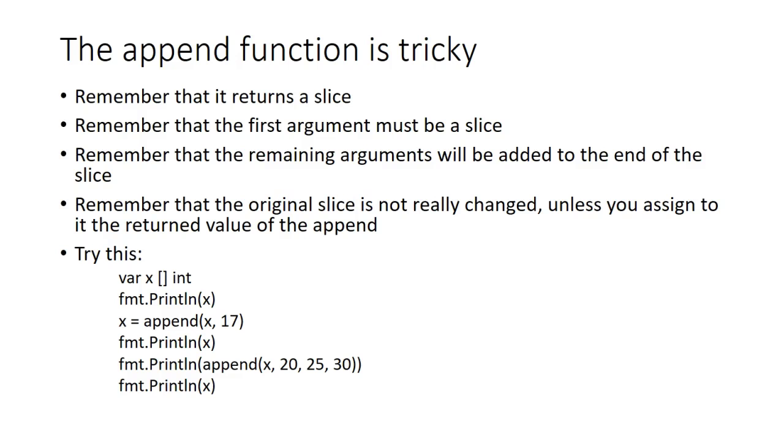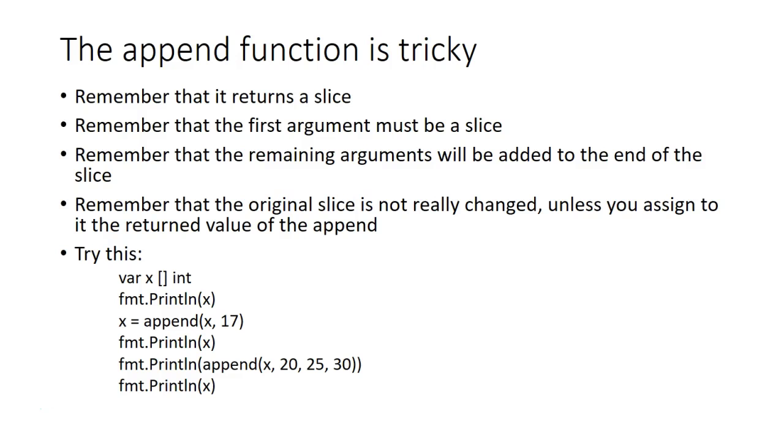A slice. The first argument of append must be a slice. The remaining arguments are values that will be added to the end of the slice, and the original slice is not changed unless you assign to it the returned value of the append function.